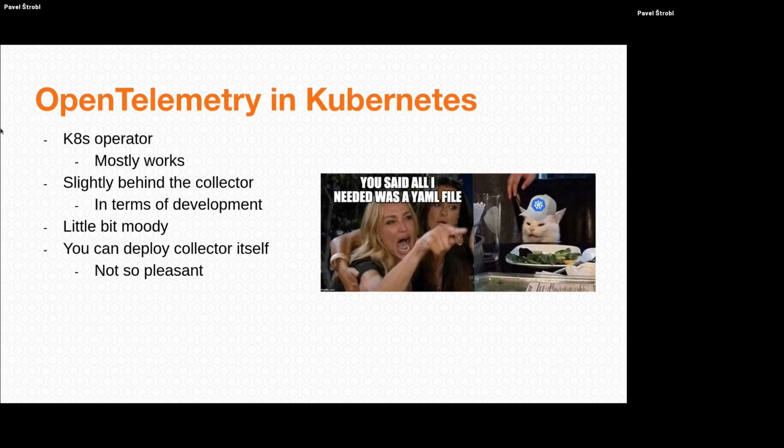That's a kind of issue with OpenTelemetry, because OpenTelemetry is kind of stable, kind of not, because it depends on what you use. The collector is built of multiple parts, like a receiver that receives the data, processors, and exporters that export data.